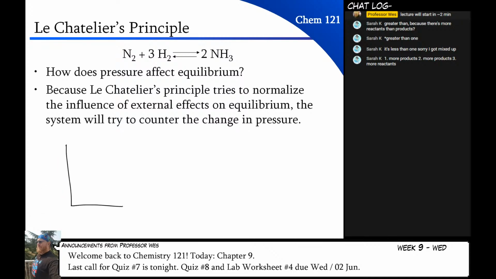So I want the pressure of this system to be constant at equilibrium. So whatever it is. And here are my gas particles. Maybe this is my ammonia. Maybe this is my hydrogen. Whatever it is. Now let's say that I compress the system.